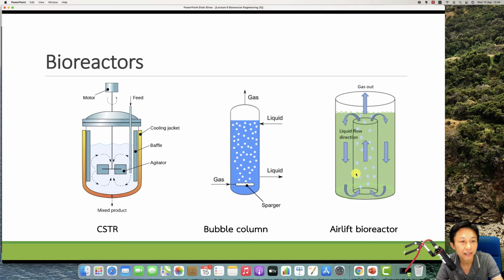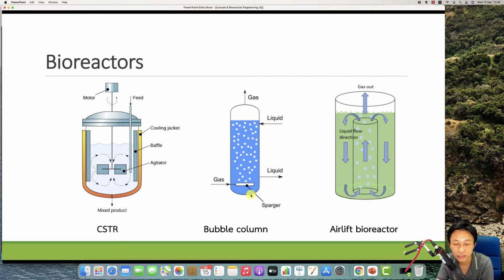Okay, and this one is a conventional continuous stirred tank reactor. It's more common with chemical engineering principles. It has a cooling jacket, it has baffles, it has some feed here, and it has a stirrer or agitator, for example driven by a motor.